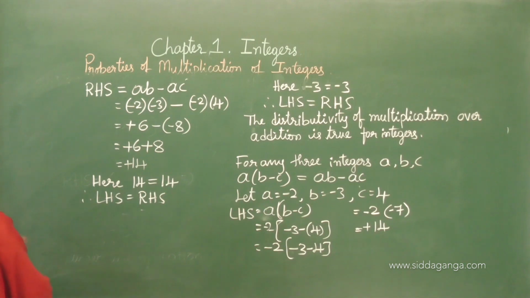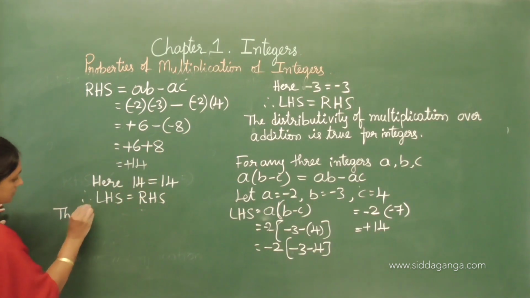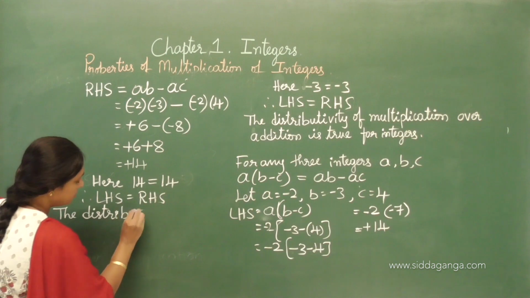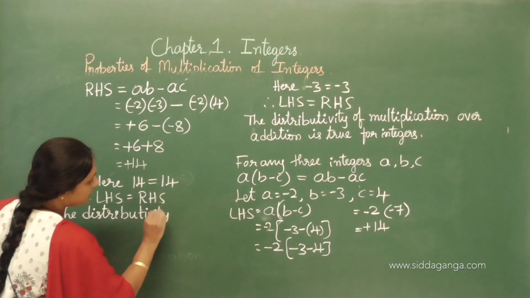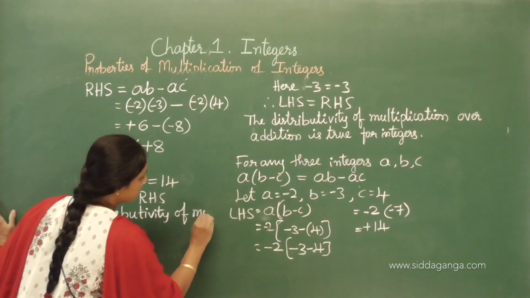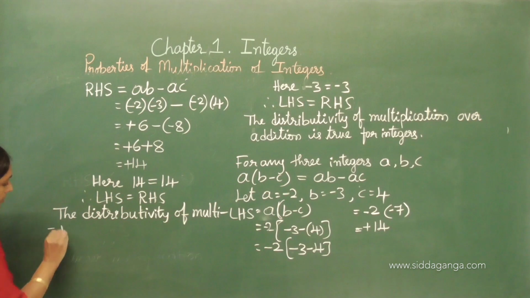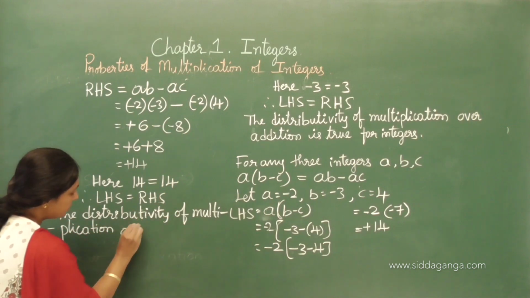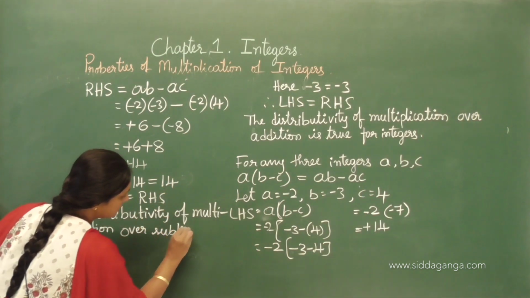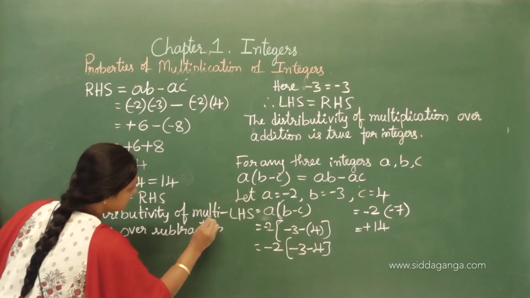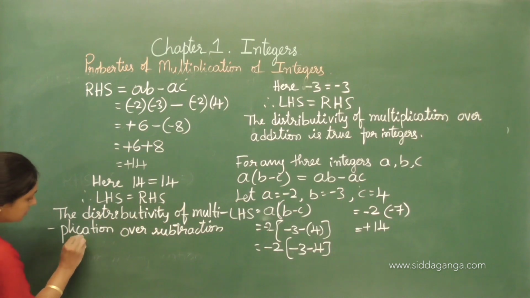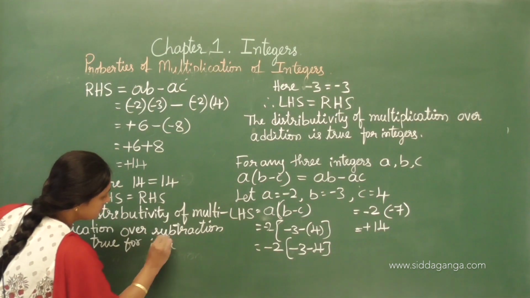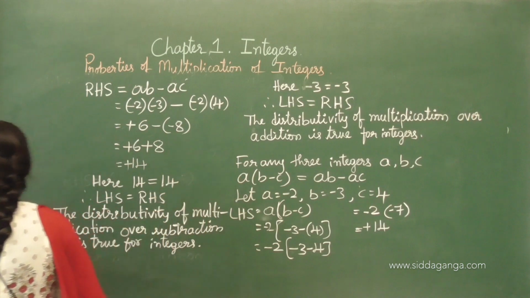Here we can write like this: the distributivity of multiplication over subtraction is true for integers. It satisfies. Okay, go through this.